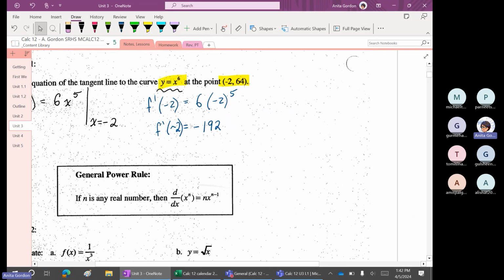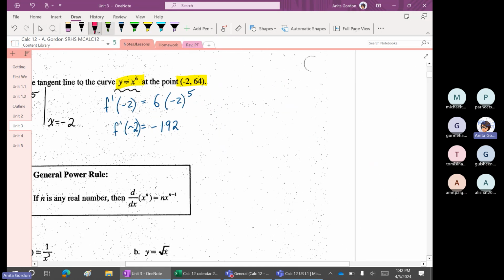Now, if I take this a step further and I ask you, what is the equation of the tangent line at this point? How would I write that now? You have a point. The derivative also represents the what in a line? The slope.